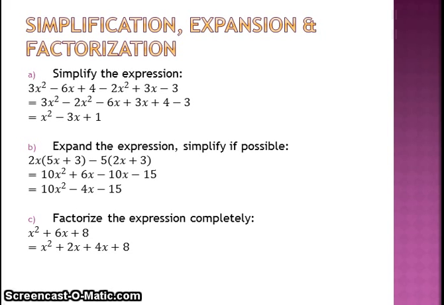From x squared and 2x we can factor out x, and from 4x plus 8 we can factor out 4. Hence we will have x times x plus 2, plus 4 times x plus 2. The x plus 2 and x plus 2 serve as another like term, hence we factor it out again. We will get x plus 2 times x plus 4.